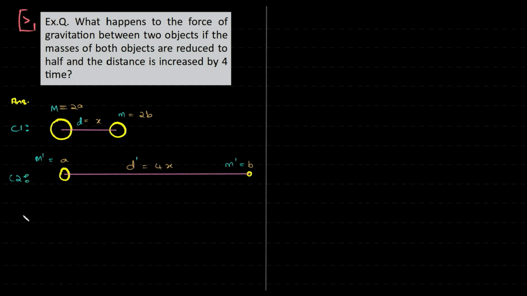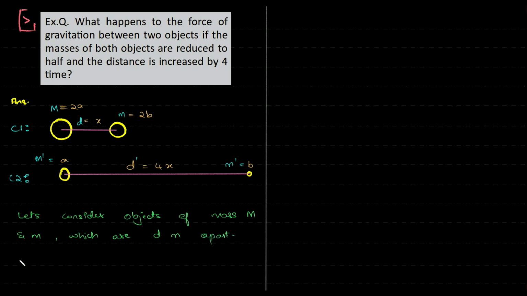Now we need to start with the statement. Let's consider objects of masses capital M and small m, which are d meters apart.